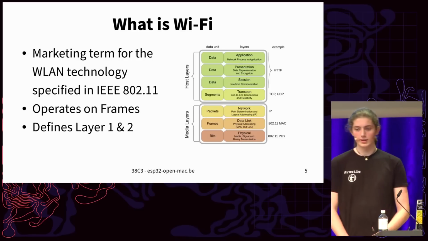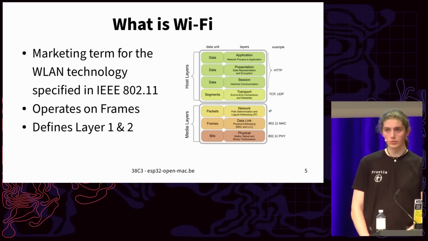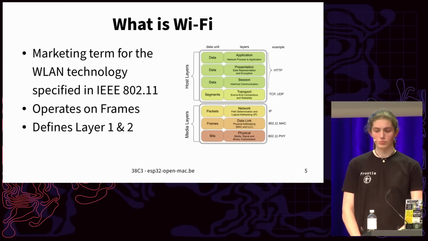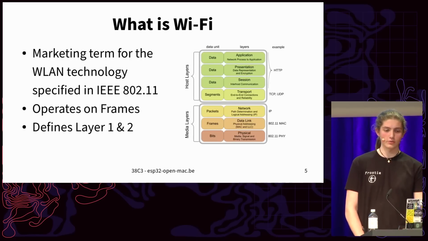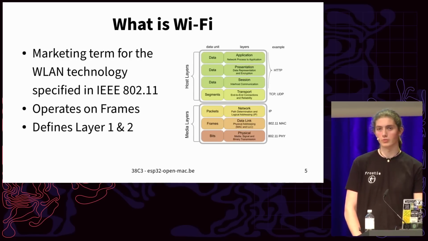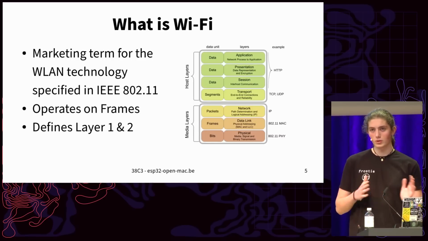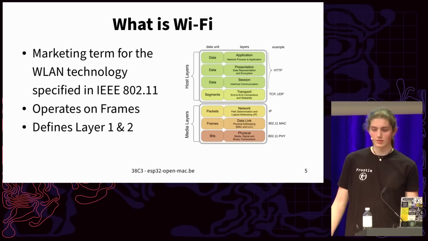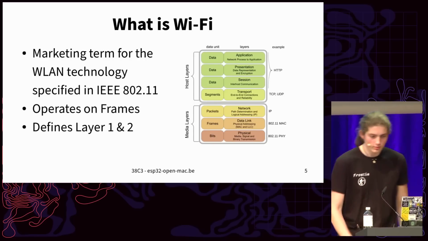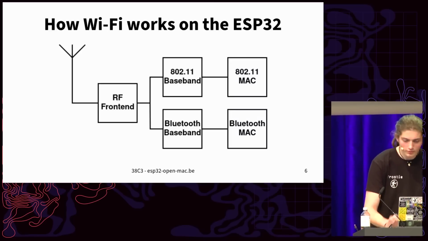And just like Ethernet, Wi-Fi specifies layer 1 and 2. However, unlike Ethernet, Wi-Fi does not use wires for communication. It instead uses radio communications, and it therefore also uses a shared medium. Also, it operates on frames like Ethernet, so blocks of data that are transferred between the different devices, in this case over radio.